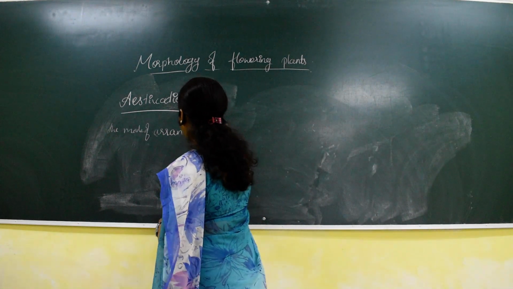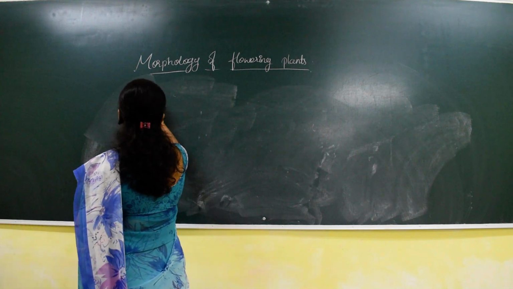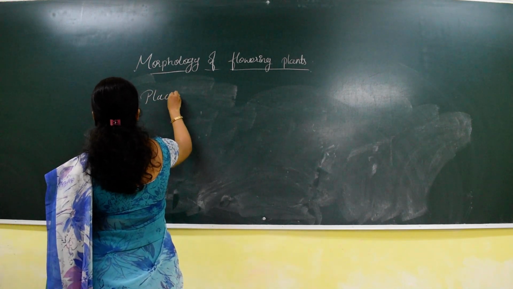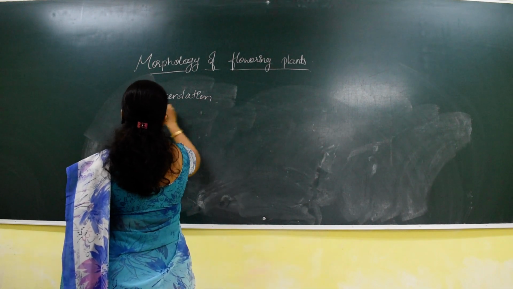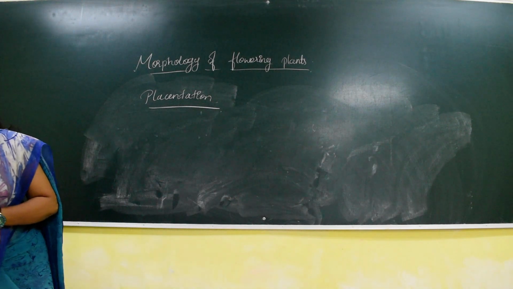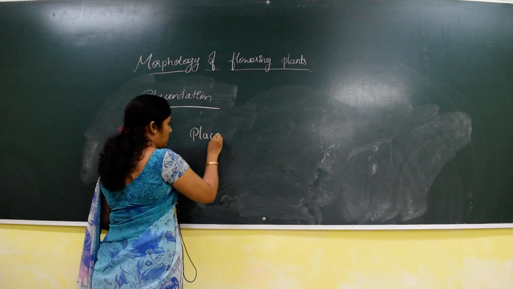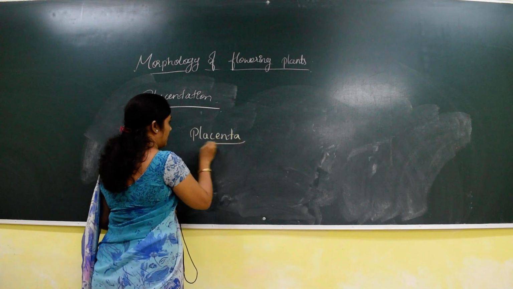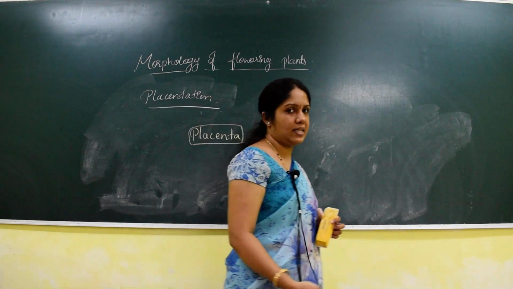Next, there is another definition, an important concept called placentation. So what is this placentation? Before understanding the word placentation, let me know what is the word placenta. Let me study this definition, placenta.